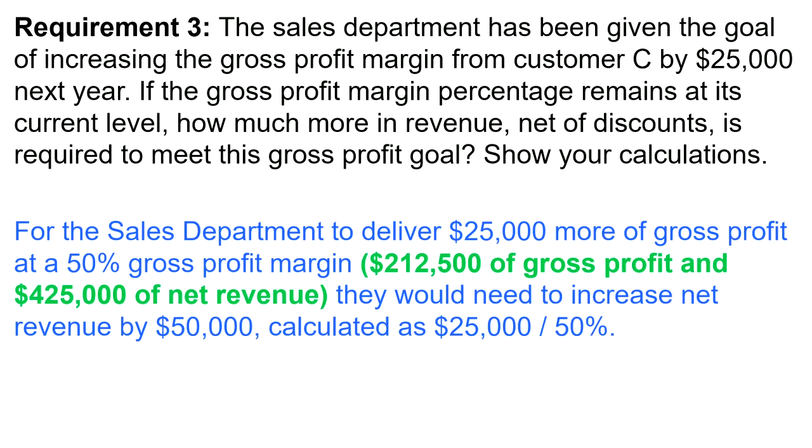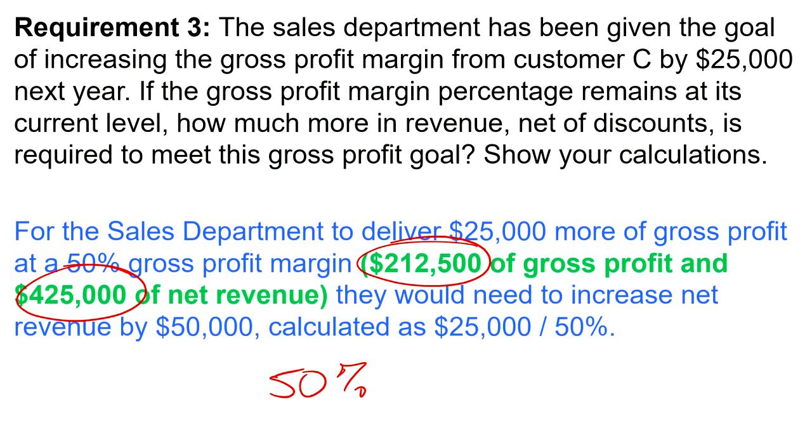Well, when we're talking about our gross profit, again, we're going back to our first information, and we are told that the gross profit margin was $212,500. Okay, that was given to us. And we're also told that our net revenue is $425,000. Both of those numbers are taken right off the information that they told us. And so we know that our gross profit margin is 50%.